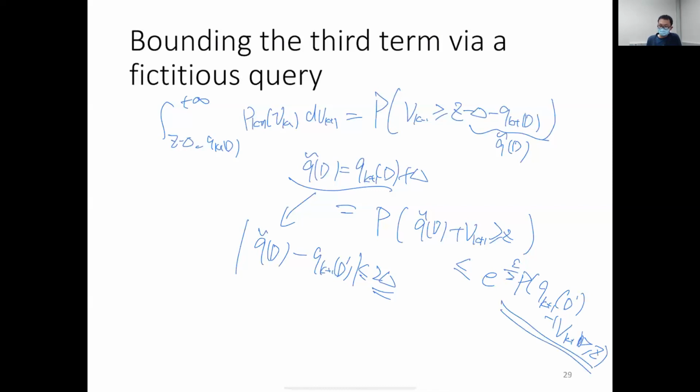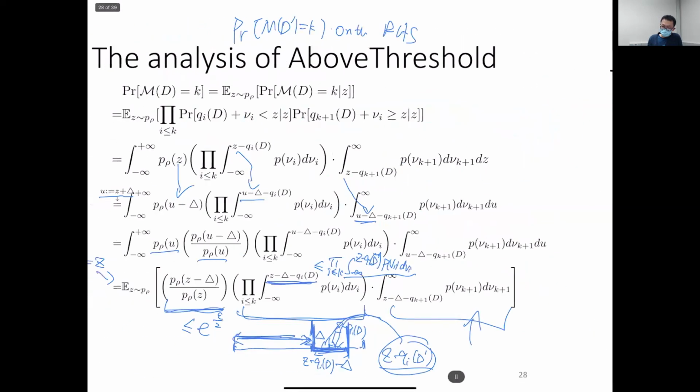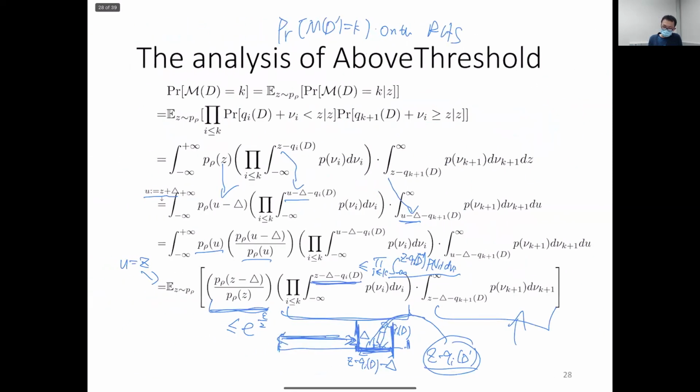Then by substituting this back into the equation over here and combining the leading factor of e to the power of epsilon, and checking that the expression is exactly the same as this but with d replaced by d prime, we've checked the definition of differential privacy. This establishes that the generalized above threshold algorithm is epsilon DP.